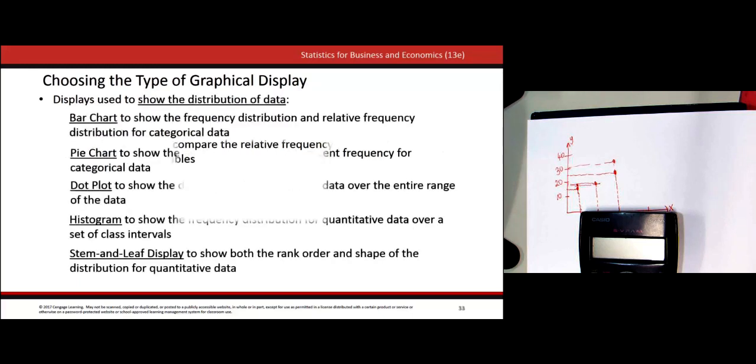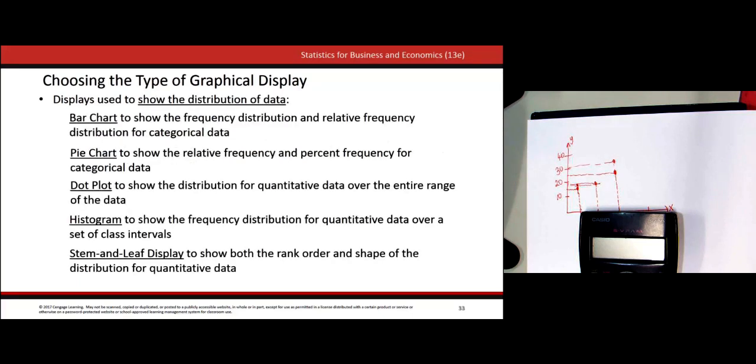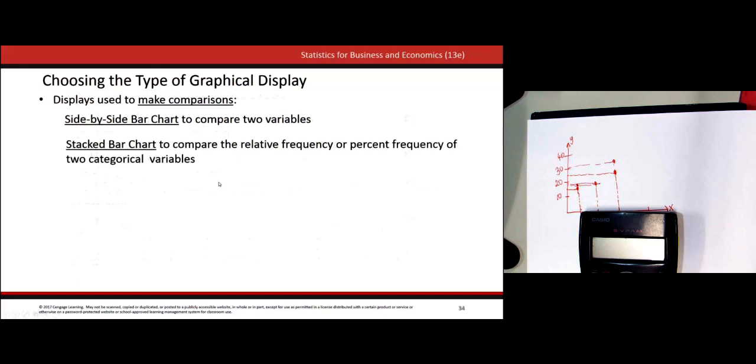And here we discuss a variety of graphical displays in this chapter. If you wish to show the distribution of data, you can use bar chart, pie chart, dot plot, histogram, stem and leaf displays, depending on whether you have categorical or quantitative data.